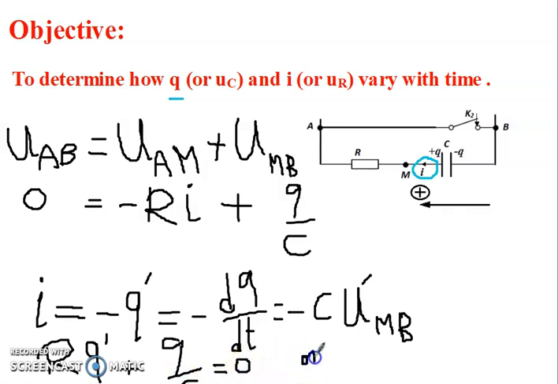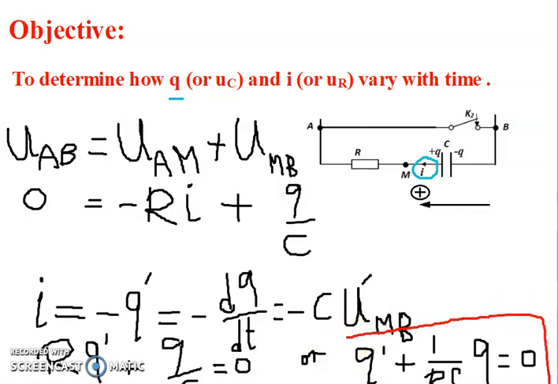Or you can write it in an elegant way, Q prime plus 1 over RC Q, this is the function, equal 0. And here we obtain the first order differential equation in Q. Clear?